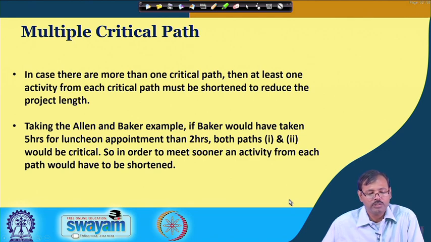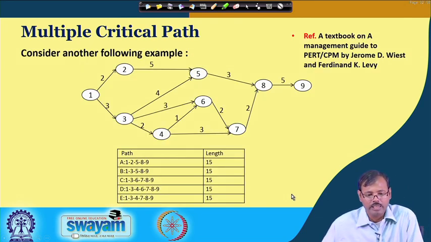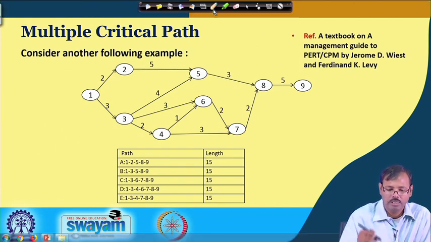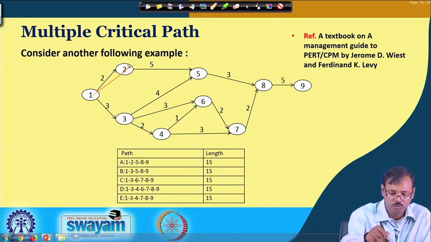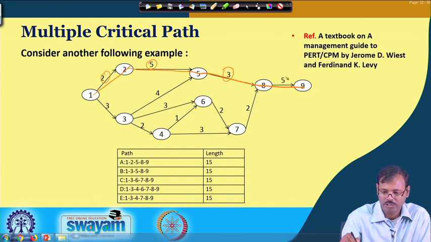So, in any case we can have multiple critical paths also. Say in this case, suppose we rearrange the table a little bit for the previous example which we have discussed, and you can see we have path 1, this is 1, 2, 5, 8, 9 and the total time required is 2 plus 5 plus 3 plus 5.